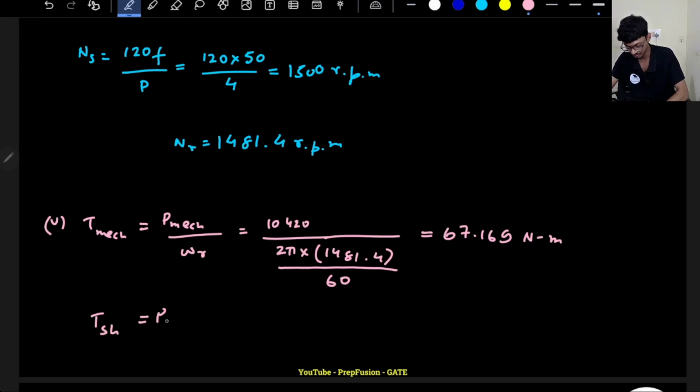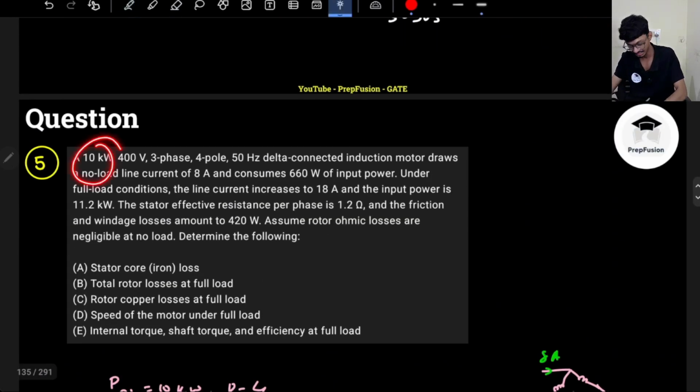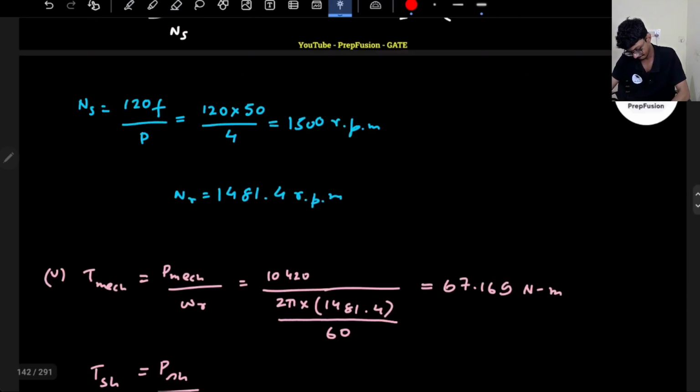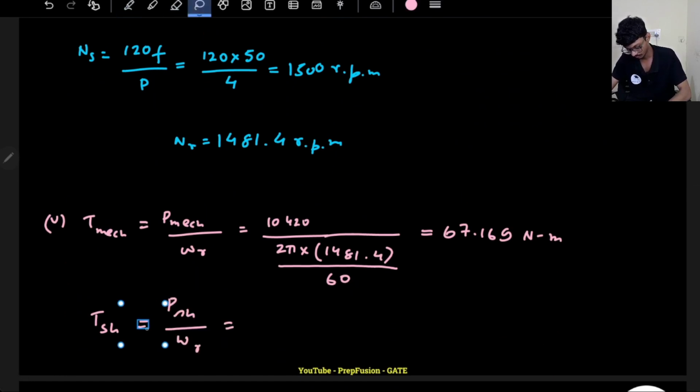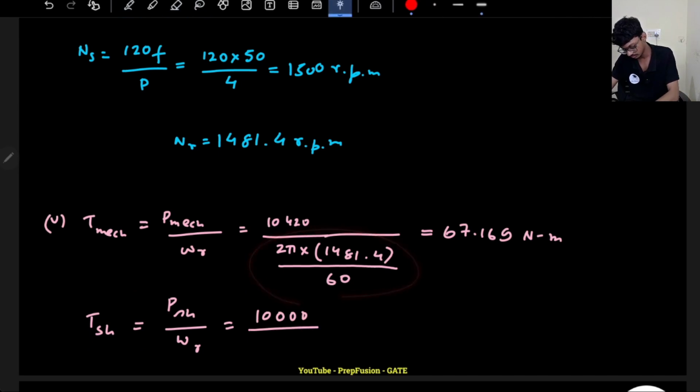Shaft torque will be P shaft upon omega r. Already I know the shaft power. Shaft power is 10 kilowatts as mentioned, as it is operating in rated condition. Divided by omega r, the same value.